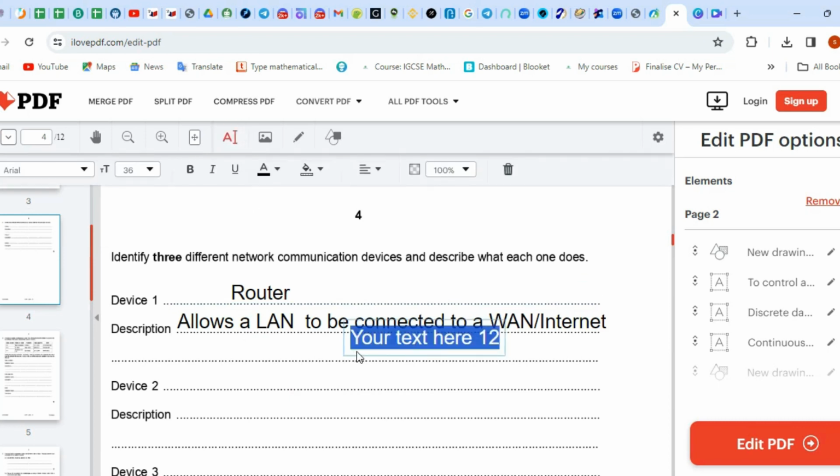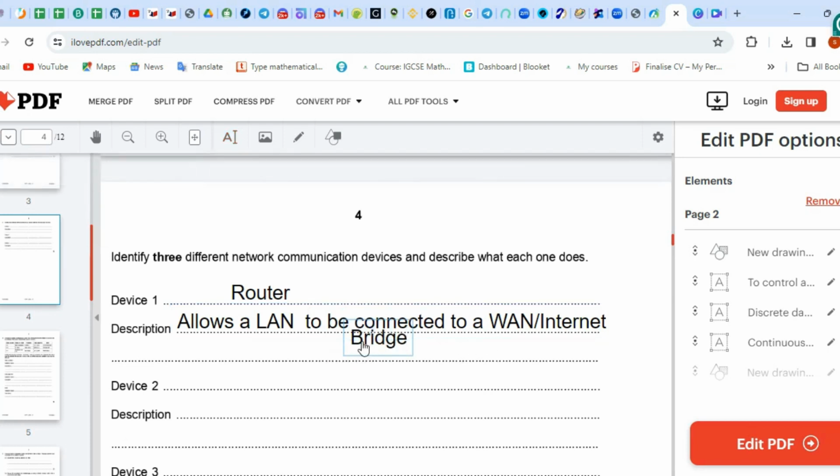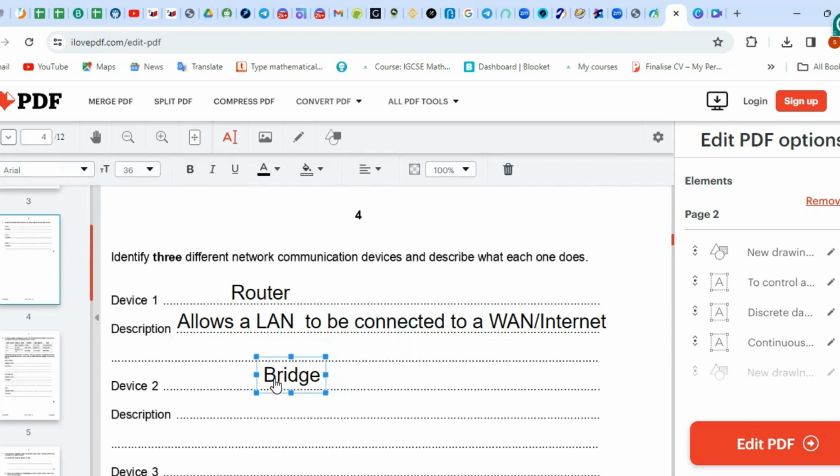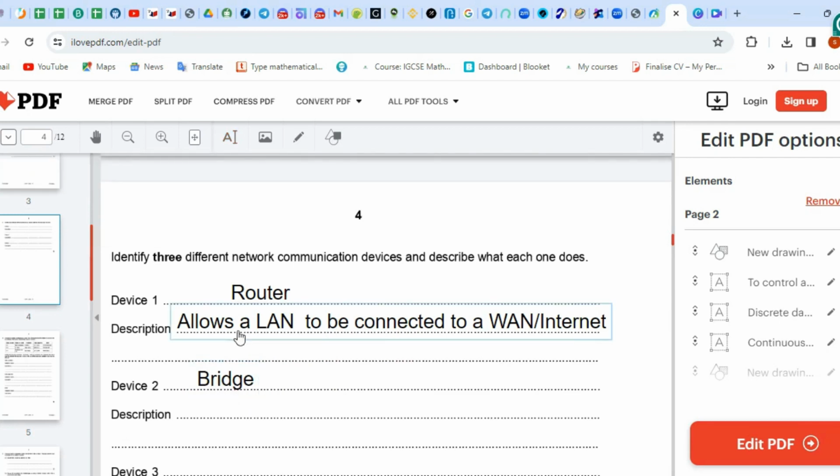You were asked to differentiate between a router and a bridge yesterday, right? So what's the work of a bridge? Can someone tell me? If you have seen the video from yesterday, you should be able to tell me. There I explained the work of a bridge and a router and the differences between them.